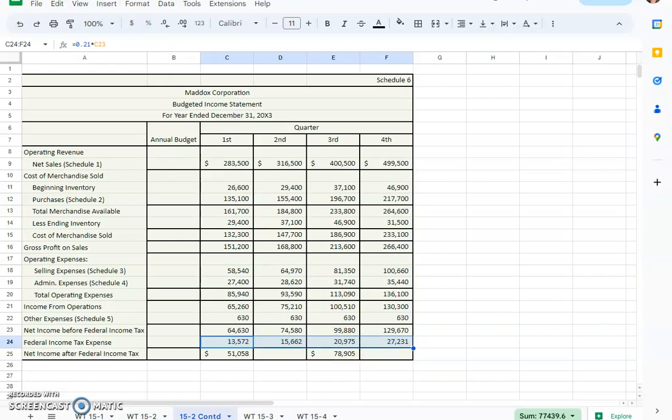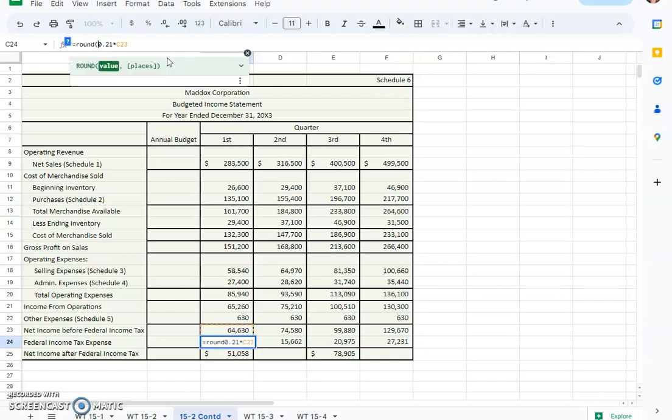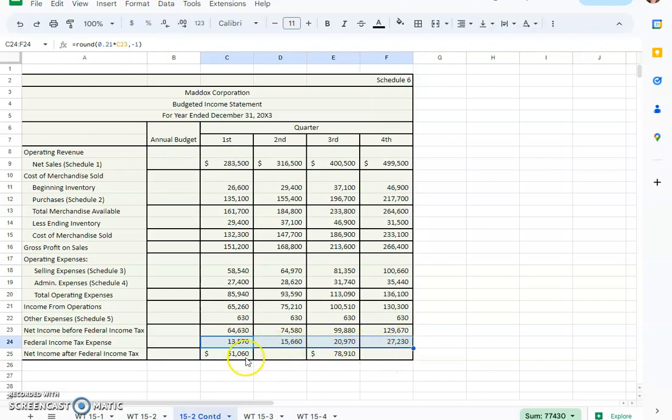We'll fix that. So we'll go equals round that number, comma, number of places, -1, so we get it to the nearest 10, because in budgets we like nice round numbers. Okay, now it looks right. So net income after federal income tax is just subtract your federal income tax expense from your net income before federal income tax, and there we go.